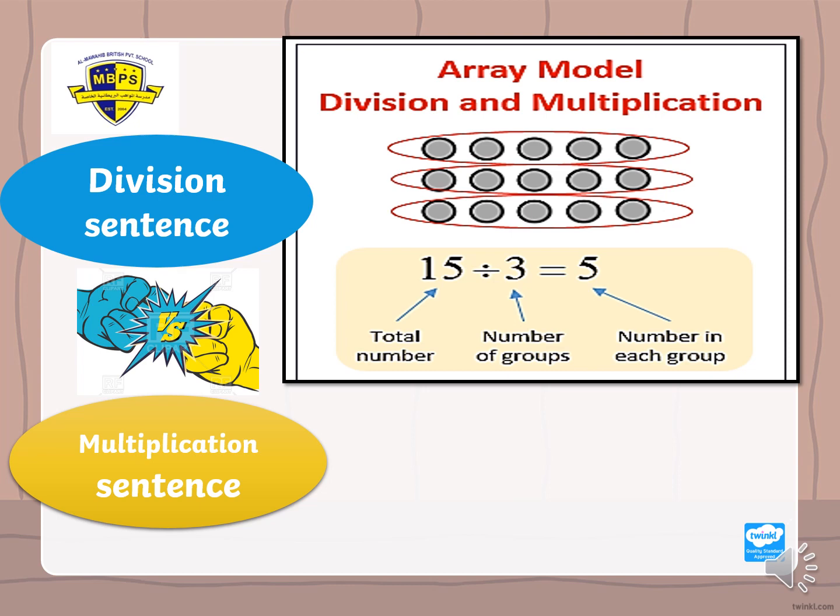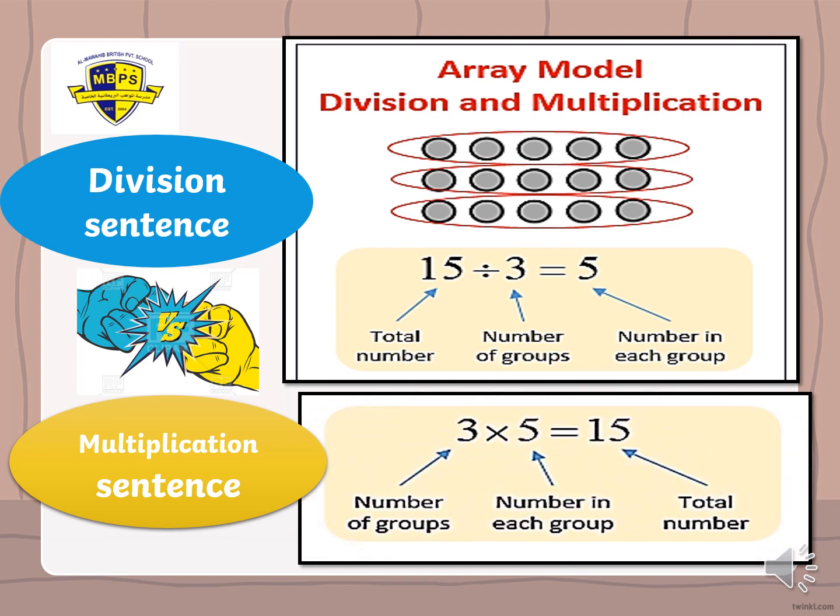Equal 5. 5 is the number in each group. When I divide the 15 into 3 equal groups, I have 5 in each group. So in a division sentence, I start with the total number divided by the number of groups equal how many in each group. Now let's have a look on the multiplication sentence.